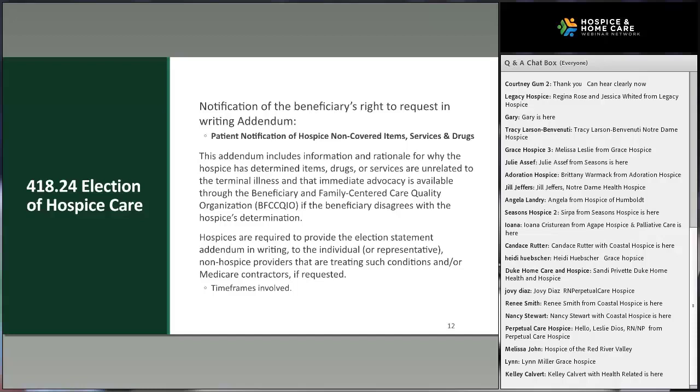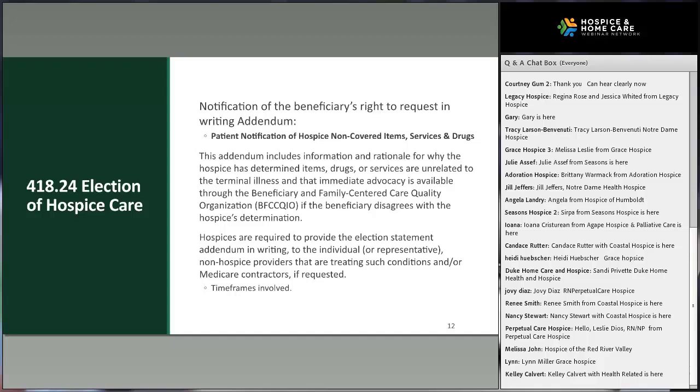And it's also important that this information goes back to the physician and other individuals involved as to what your hospice will be covering and what it will not be covering. And again, families always have a way to advocate if they are not in agreement with what you said we can cover or not, and that is indicated on the form.